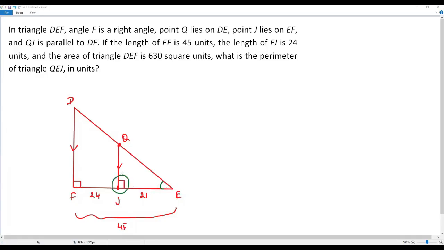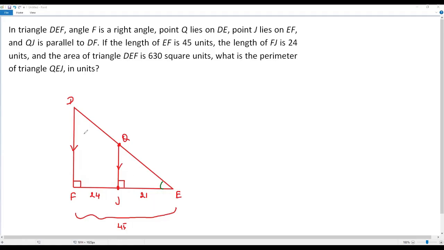One is the interior angle at the vertex J and the interior angle at the vertex E. So the two interior angles of the bigger right triangle are equal to the two interior angles of the smaller right triangle. Okay, now by the angle similarity postulate, the two triangles are similar.